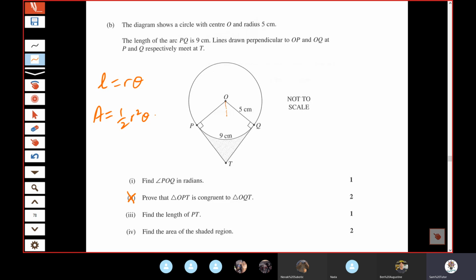You've just got to take that on face value. So you have to use that fact. You know that they're congruent now. What does that mean? They're the same triangle, that's all. So just assume triangle OPT is congruent to triangle OQT. Done. Problem fixed. You should be able to do the rest though.